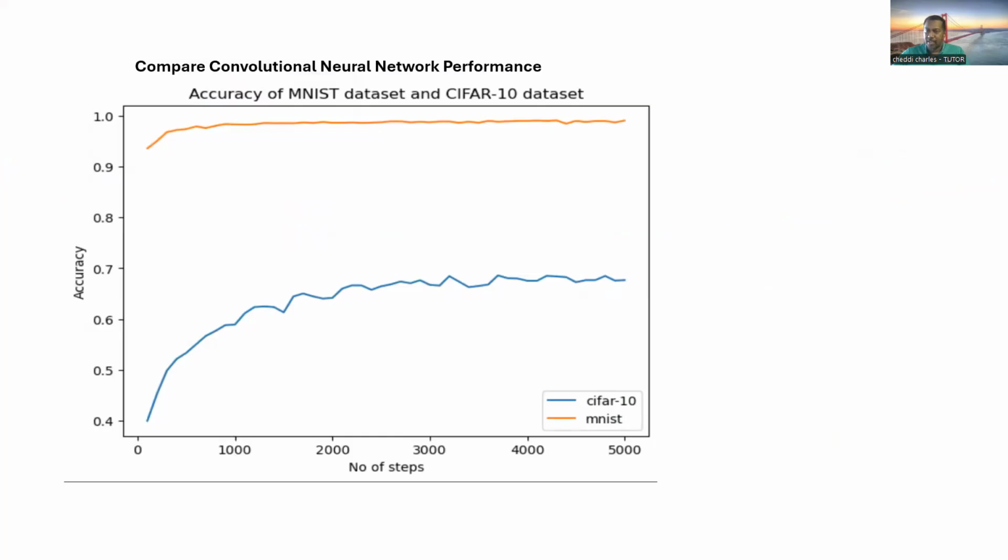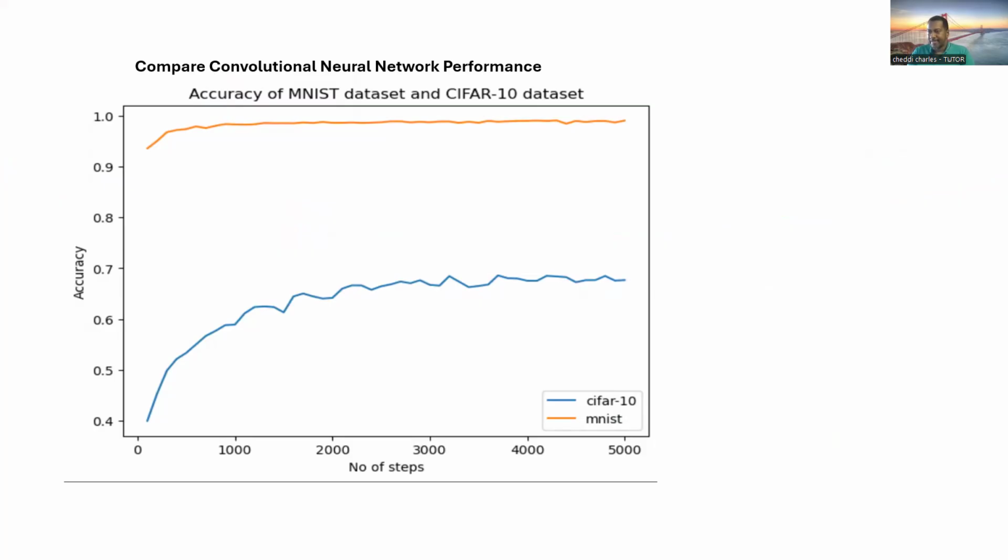And this graph here shows the difference between the MNIST dataset and the CIFAR-10 dataset. So that's something we've got to talk about. What are some of the reasons? Let's think about it.